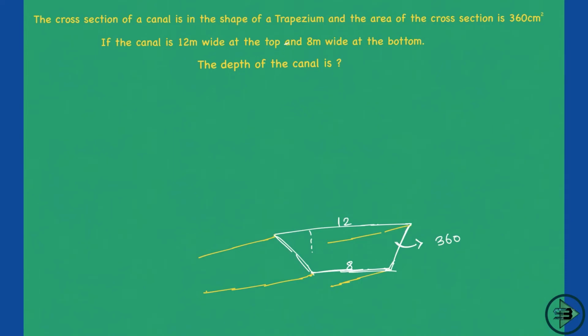So I'll say half into sum of the parallel sides, which is nothing but 12 plus 8, 20, into the height that I'm supposed to find out, is equals to 360. Okay, because this is the formula for area of a trapezium, half into sum of the parallel sides into height. So this gets cancelled, this gets cancelled, height is equals to 36.